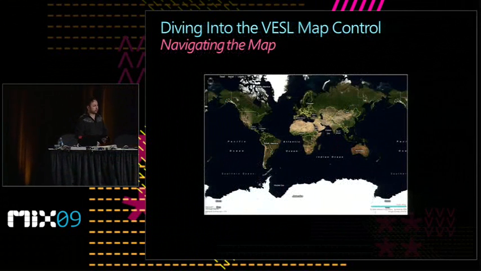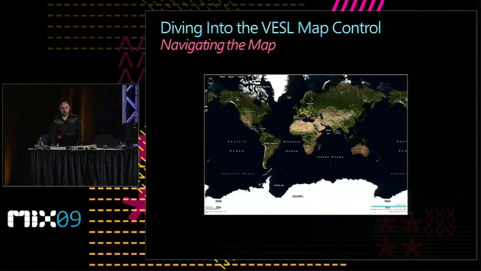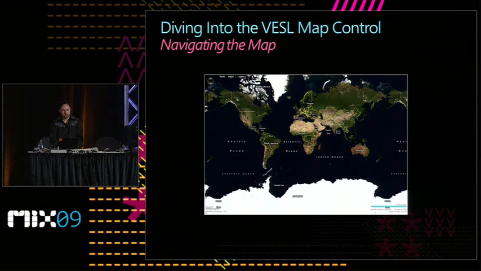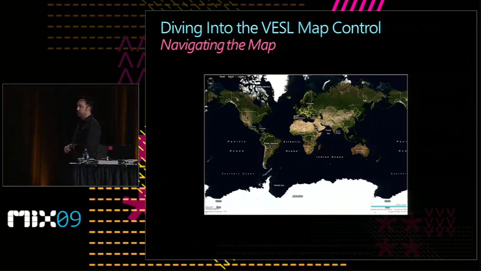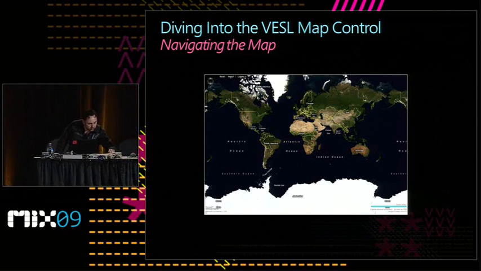So let's talk about the control itself. How do we navigate the map? Let me pull up a little application here. Actually, let's go over here. So you can do this today. You can go to connect.microsoft.com.